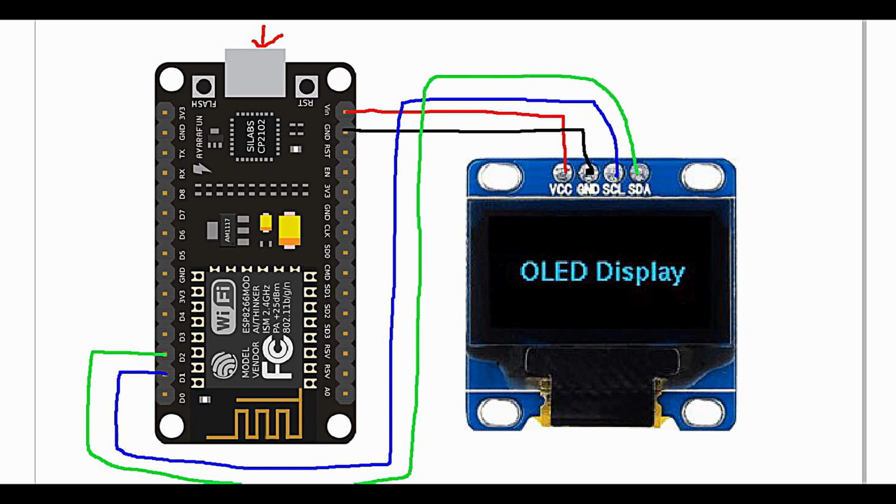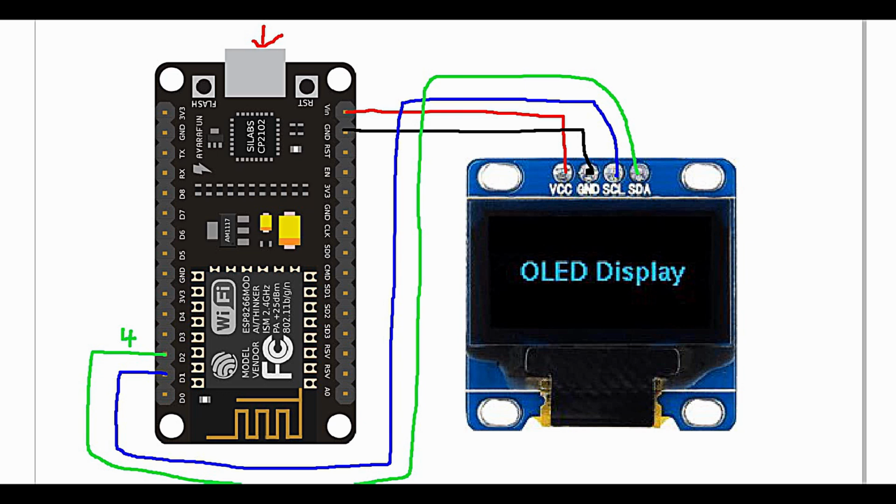So I will be connecting the SDA line of the OLED to the data pin. That's it. These are the connections that we are going to make. We are going to power up the OLED display with the same power from the NodeMCU, the clock pin will be connected to D1 of the NodeMCU, and the data pin will be connected to D2 of the NodeMCU.